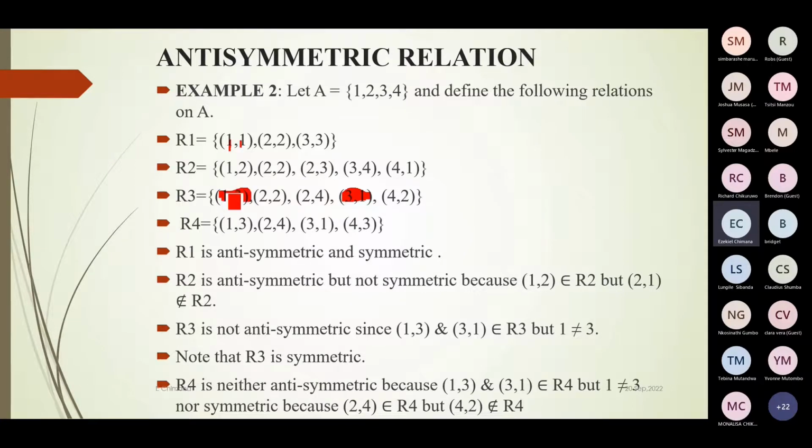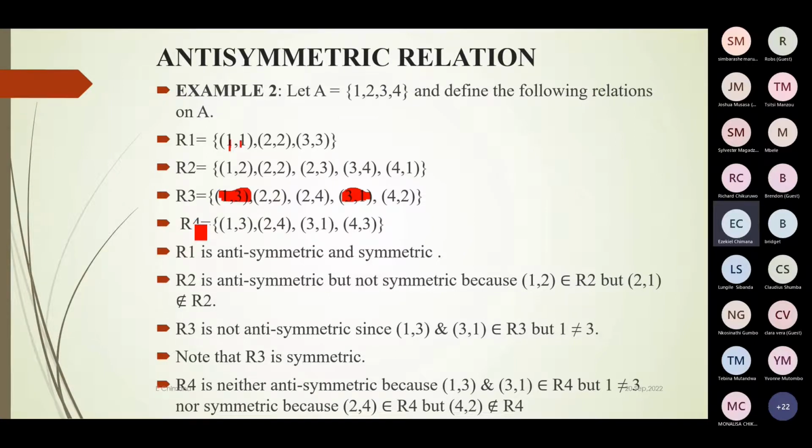So R3 is not antisymmetric. Why? Because we've got a (1,3) and a (3,1) here. But if we look at it, it is a symmetric relation. Why? Because we have got a (1,3) and a (3,1), we've got a (2,4) and a (4,2), and a (2,2). So it is symmetric, but it is not antisymmetric.